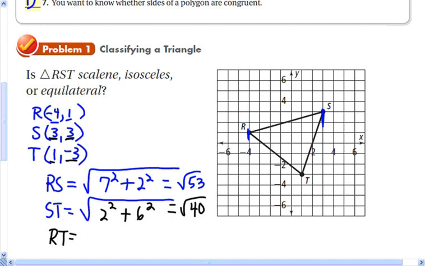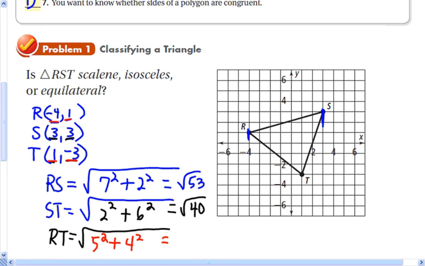RT is equal to the horizontal distance between R and T, the difference between the x coordinates. -4 minus 1 is -5, or we can just do 5 squared since we're squaring it. And then the vertical distance is from -3 to 1, which is -3 minus 1 is -4, or positive 4 squared.